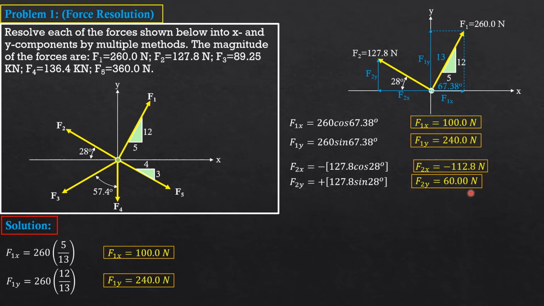So F2y is 60.00 newtons. For the second solution, the angle that this force makes with the positive x-axis in counterclockwise direction is 180 minus 28, and that is 152 degrees. Therefore, without thinking, F2x is the magnitude of the force 127.8 cosine of 152.